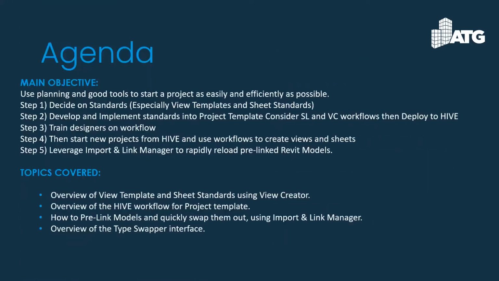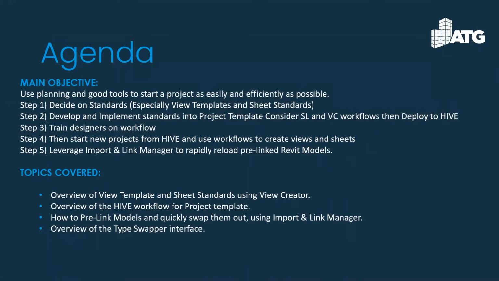So what I'd like to do this morning is just go over our agenda. Our main objective is to take these 5 steps used for planning and the different tools and be able to make our project startup easier and more efficient. We're going to cover some topics on view templates and sheet standards.